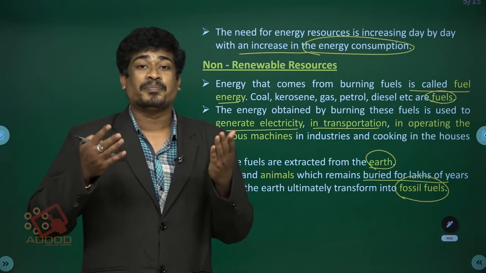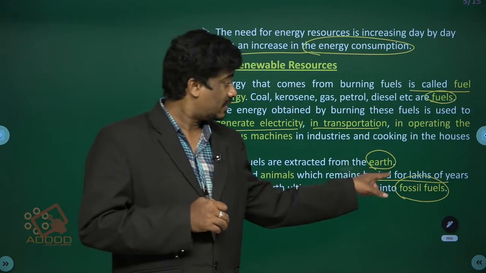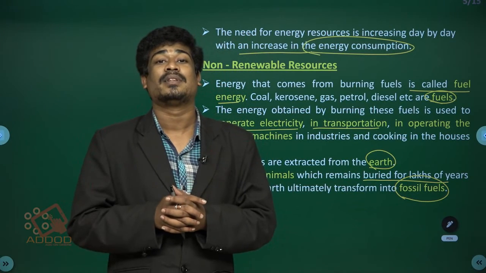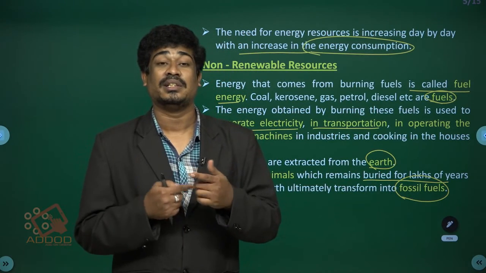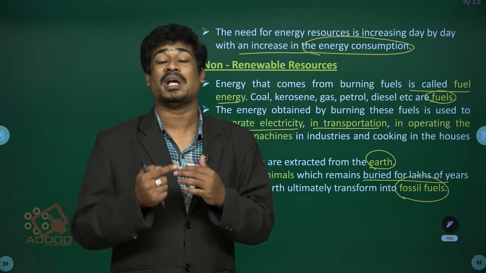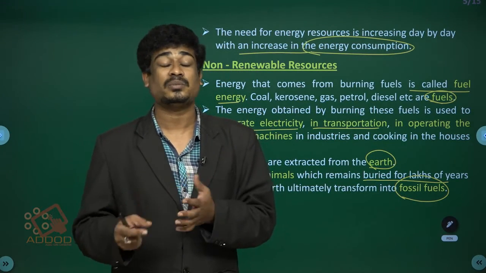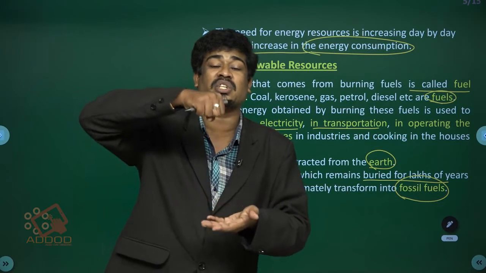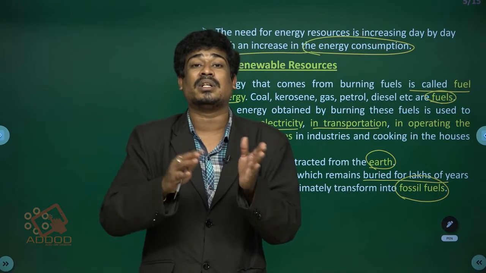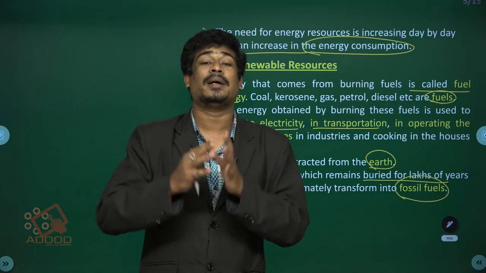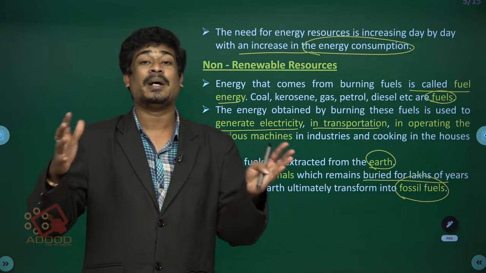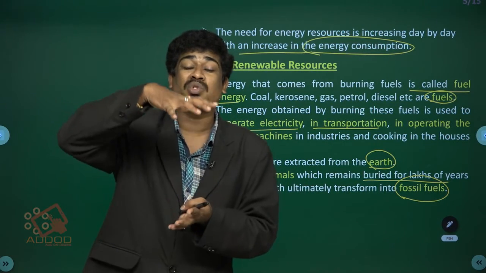Over lakhs of years, within the earth, they change into a solid one, a liquid one, and gases. By the pressure within the earth crust, space is not available, so the pressure is high on those materials.